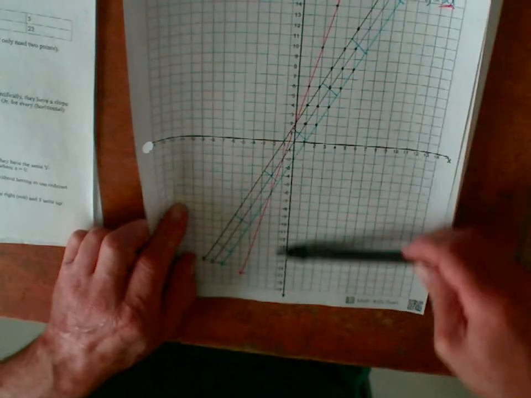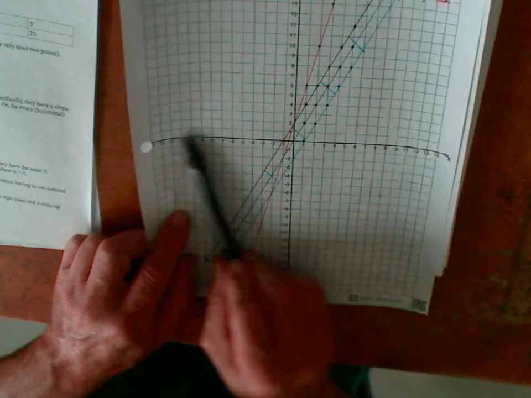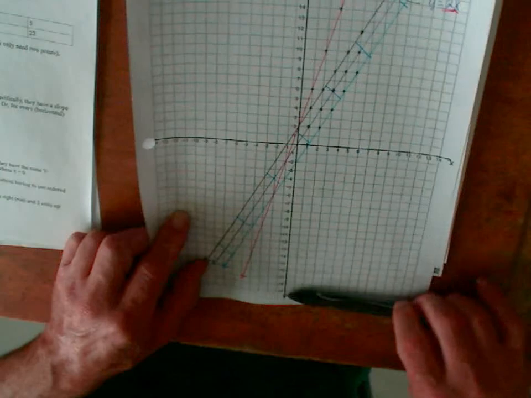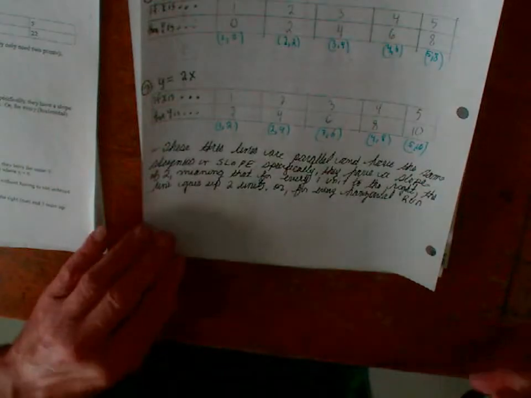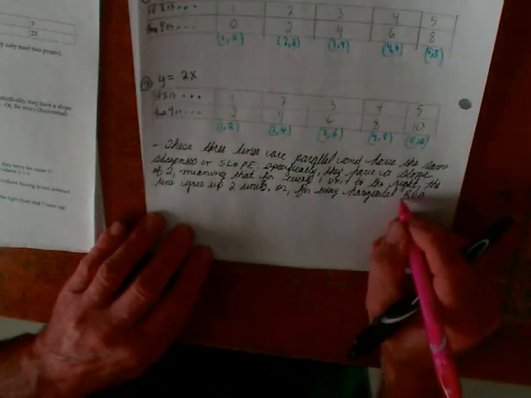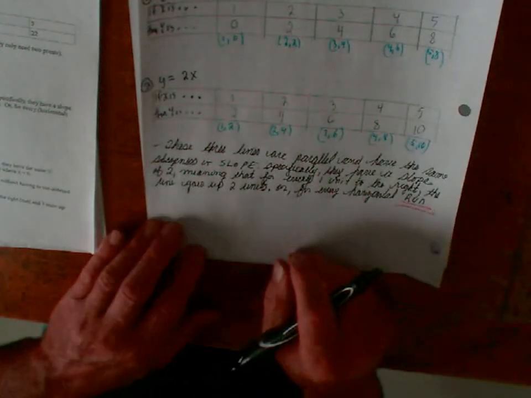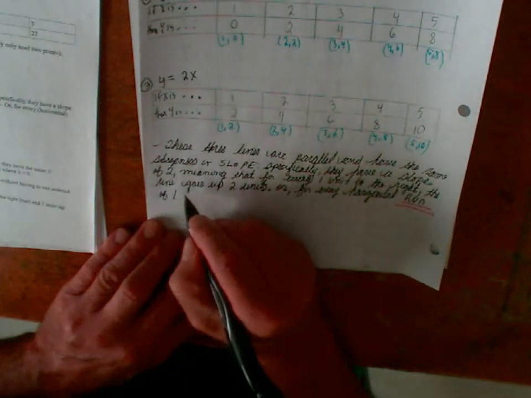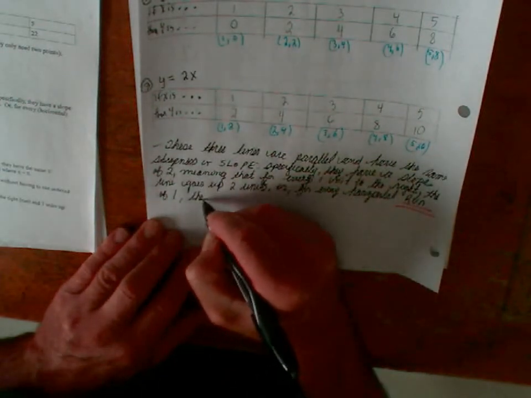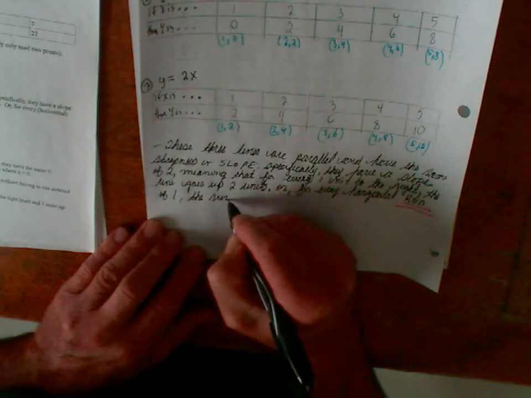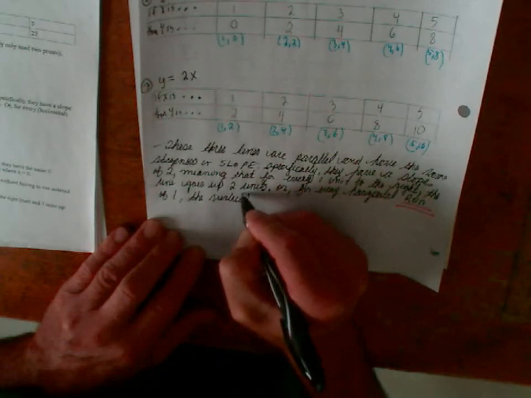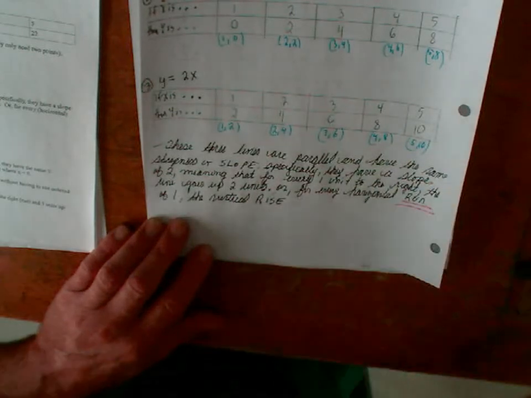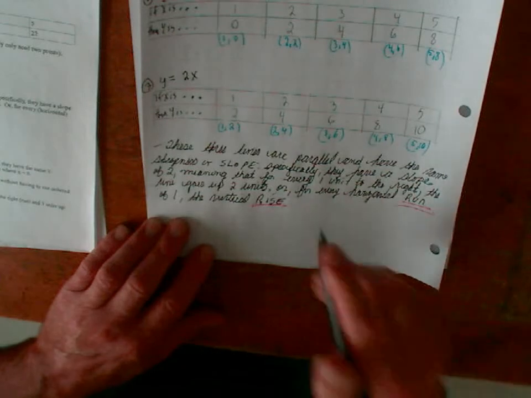I would call that a rise, and I would call that a fall. Running, rising, and if we're on the bottom side of the x-axis, falling. So this word here, super important, or run of 1, comma, the vertical rise, remember it could be a fall, just depends, is 2.